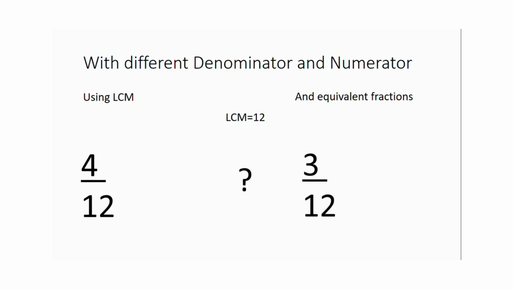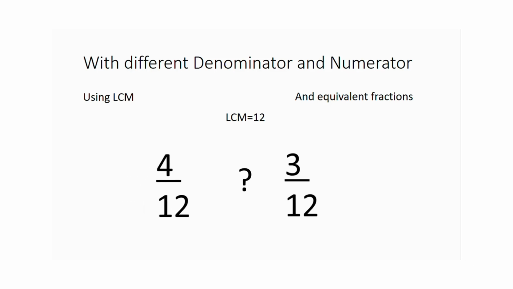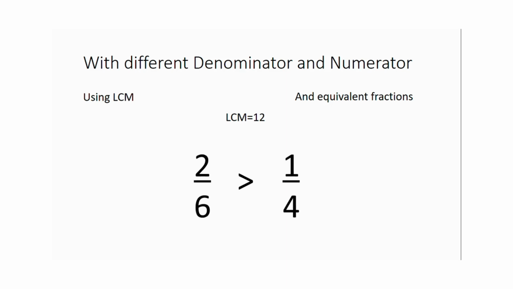So you can see between 3/12 and 4/12, 4/12 is bigger. So that means the original 2/6 was bigger than 1/4.